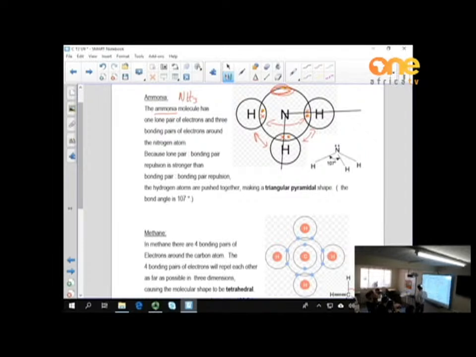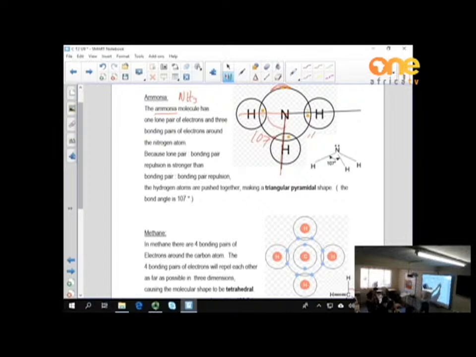That is why we find that the bond angle in the ammonia molecule, that angle, is slightly bigger than in water, because the forces pushing those hydrogens down to one side are slightly weaker. So the angle over here is 107 degrees.